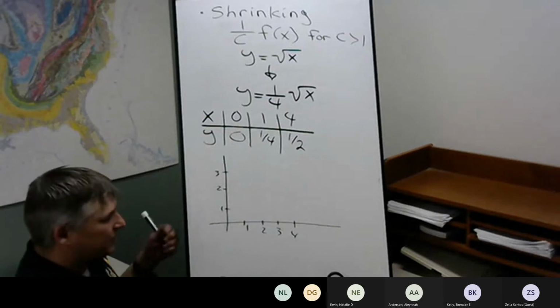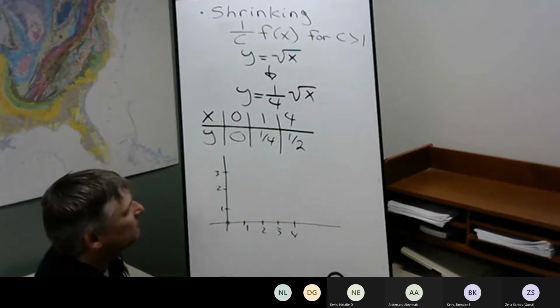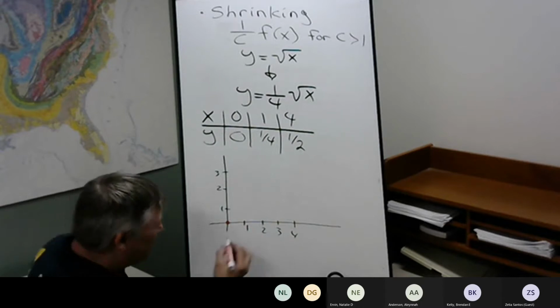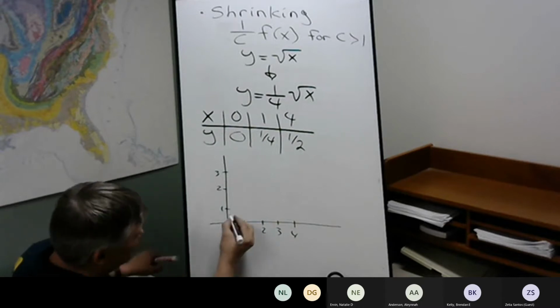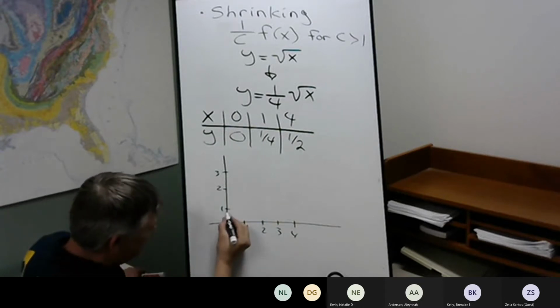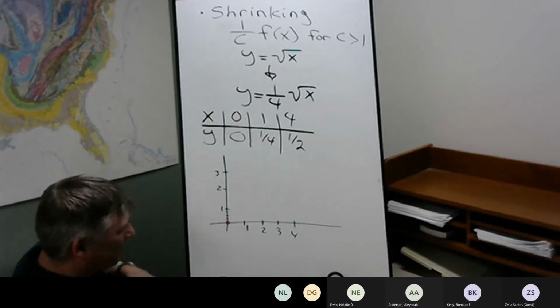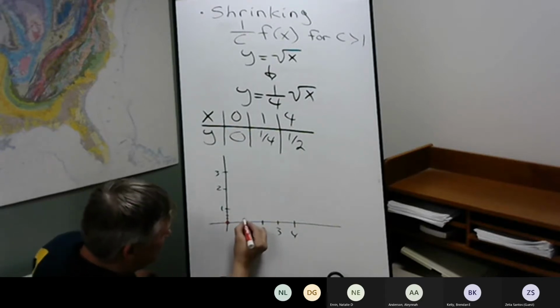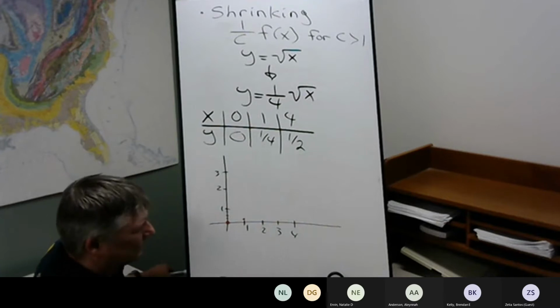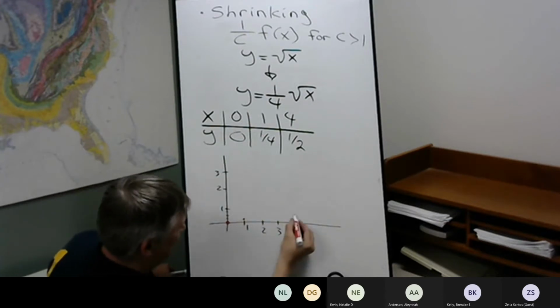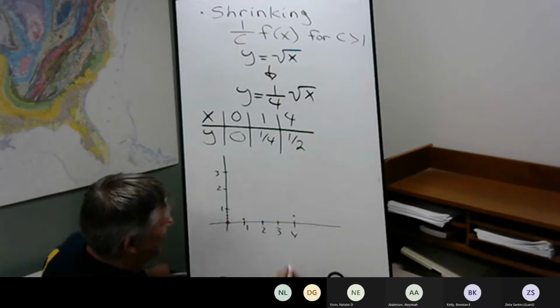So first off, 0, 0. Nothing new. Now this is going to get kind of dicey. At 1, it's 1/4. That's a half, that's going to be fourths. So at 1, right there. And then at 4, we're sort of like that.